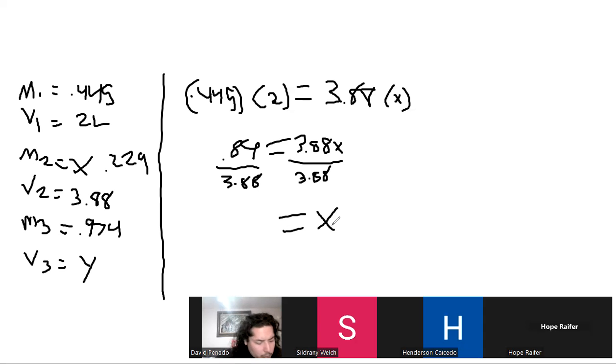And then X equals 0.229381443, or as Henderson says, 2.29. And that's what I get for my molarity.